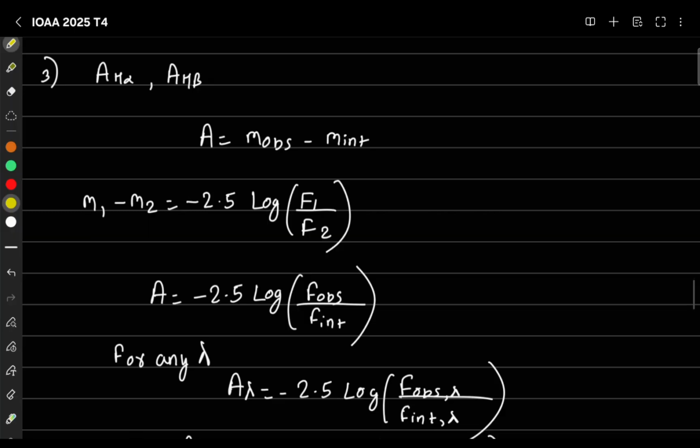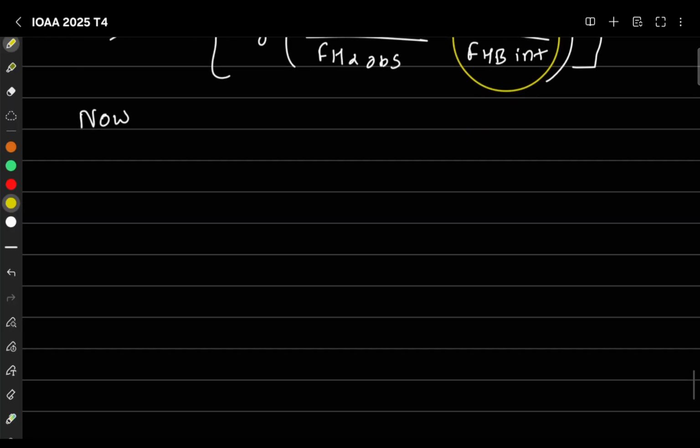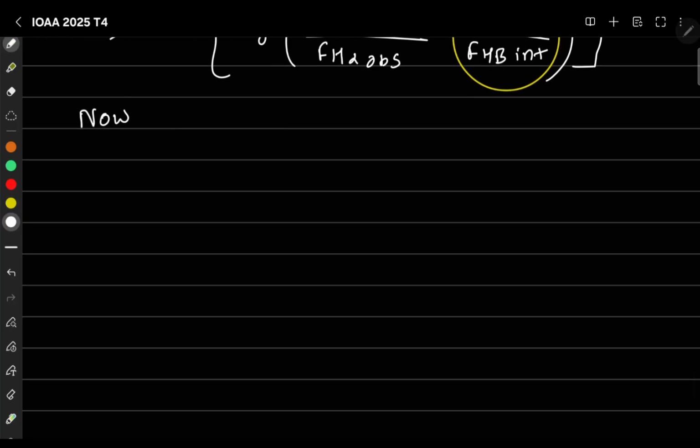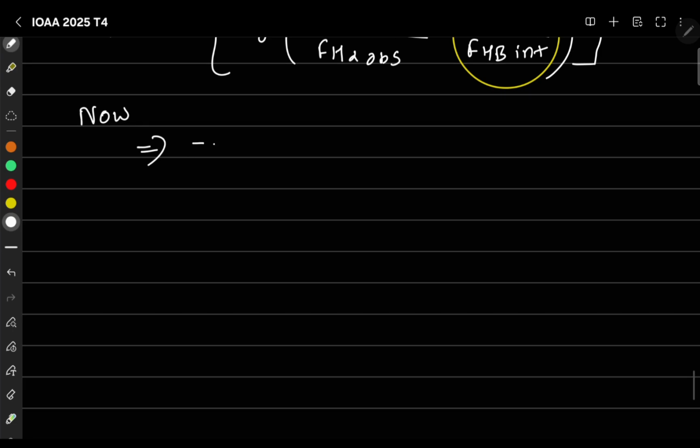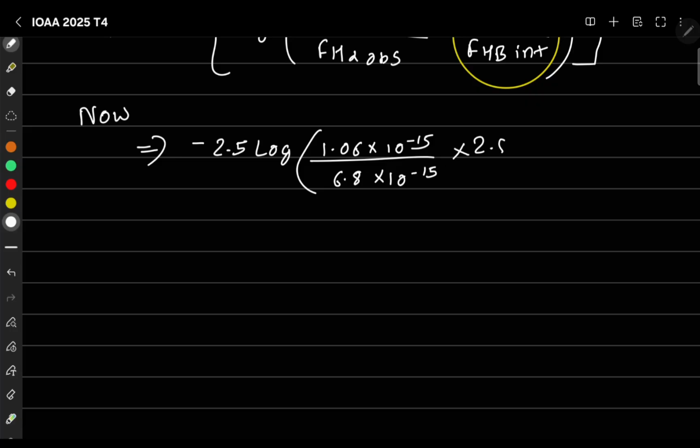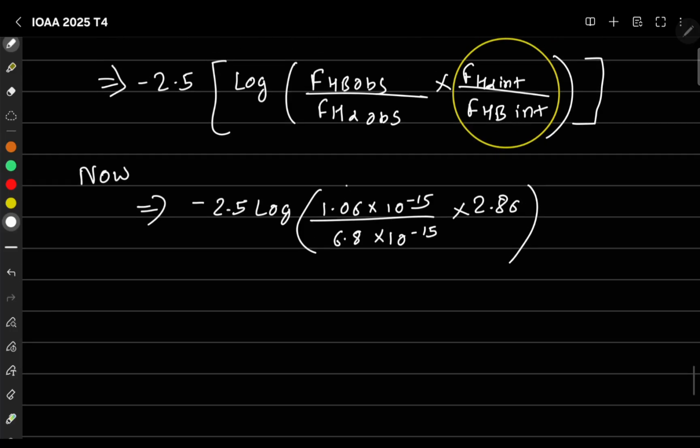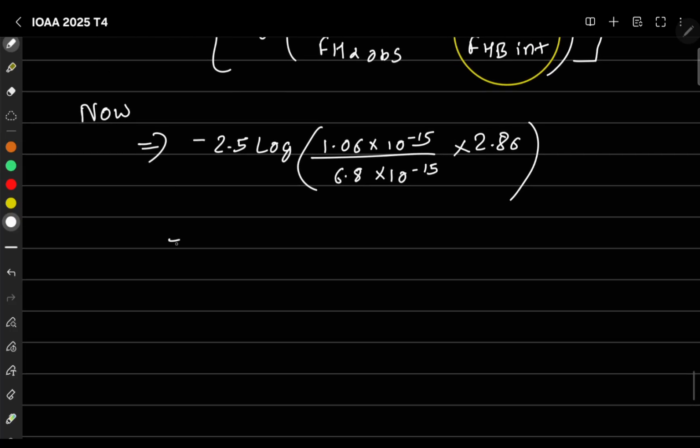So if I write the relation now, this would be minus 2.5 log of 1.06 times 10 to the power minus 15 divided by 6.8 times 10 to the power minus 15, multiplied by 2.86. These are the observed fluxes for the H beta and H alpha lines that have been provided, and this is theoretical. And this is 0.88.